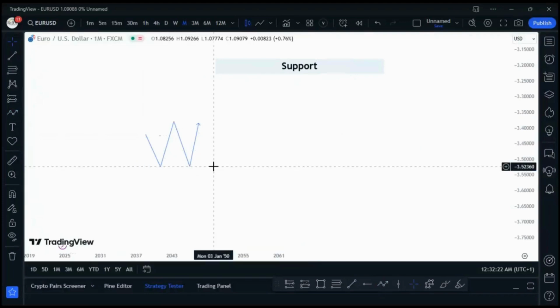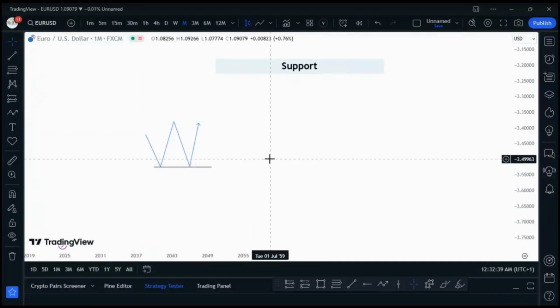That zone can be marked as a support, and that is where we use a horizontal line to indicate this. A horizontal line to indicate that this is a support.